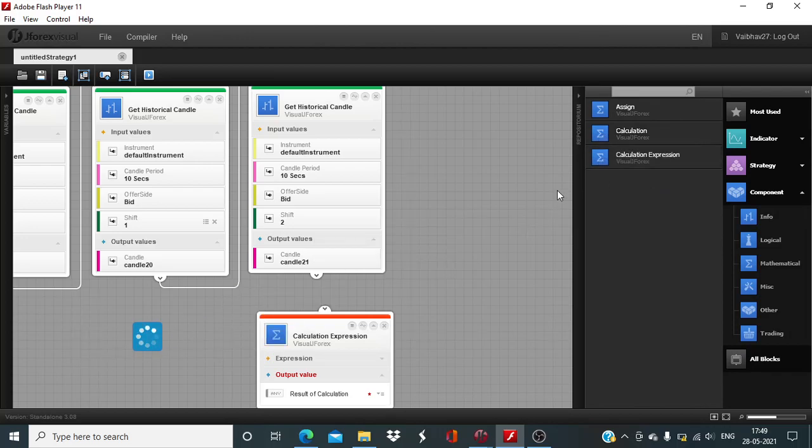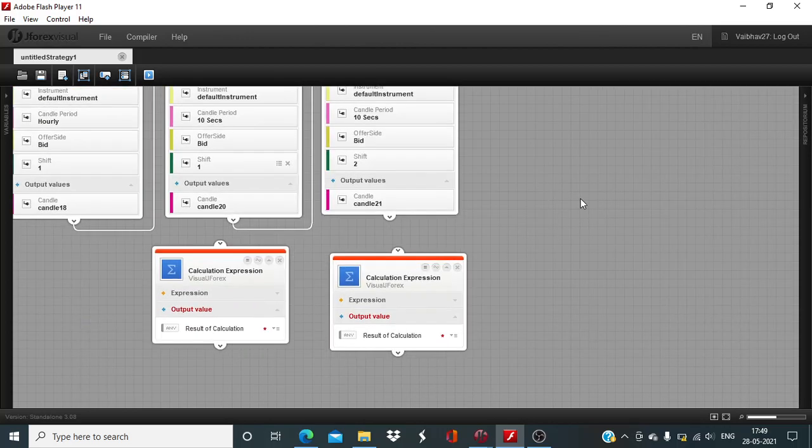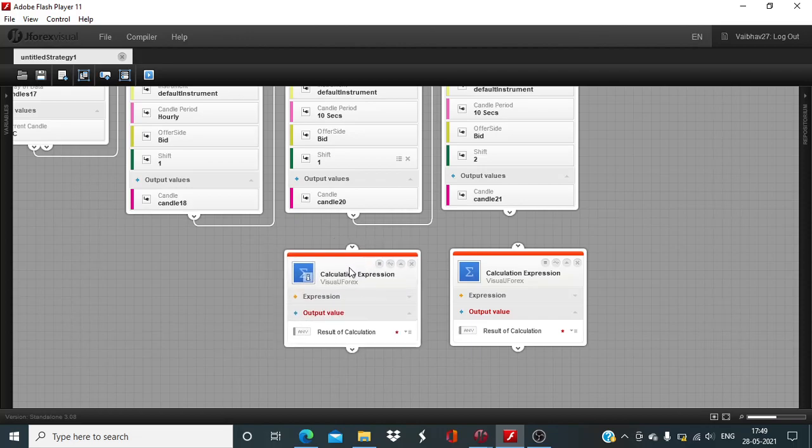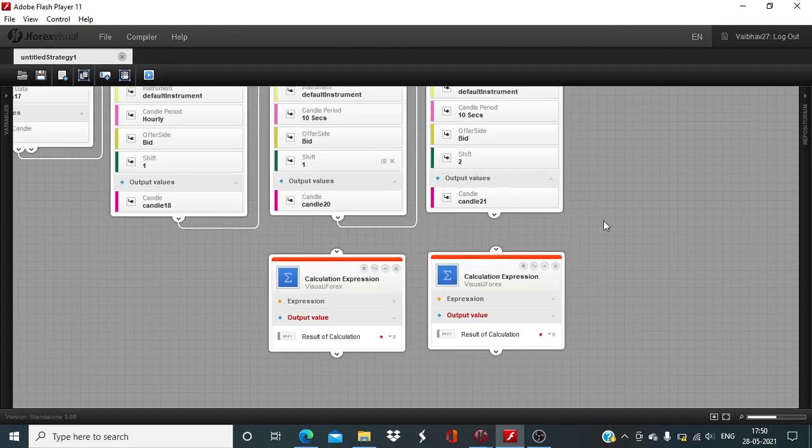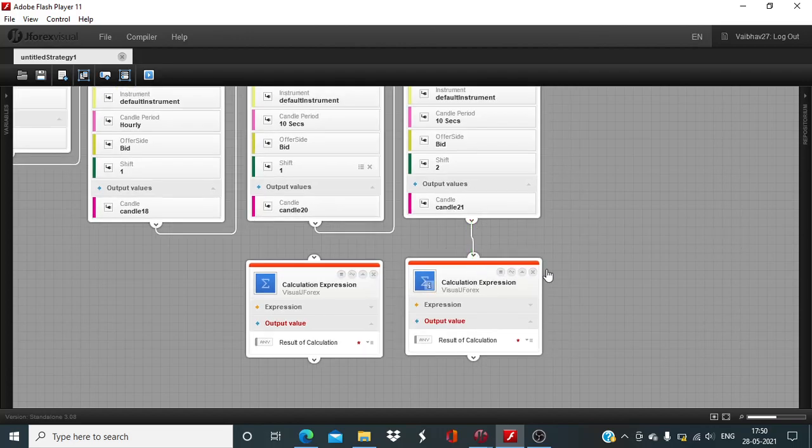We will define two requirements straight away. To define that, we will need to get two values.